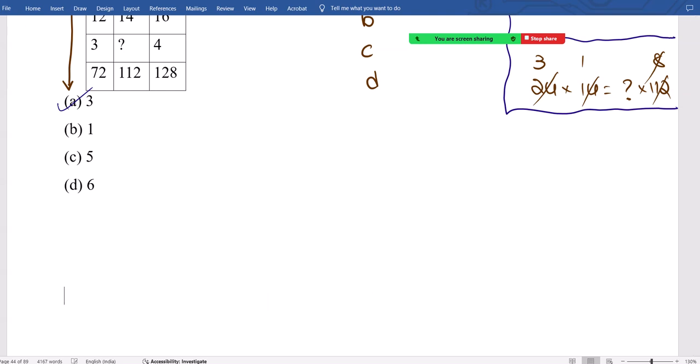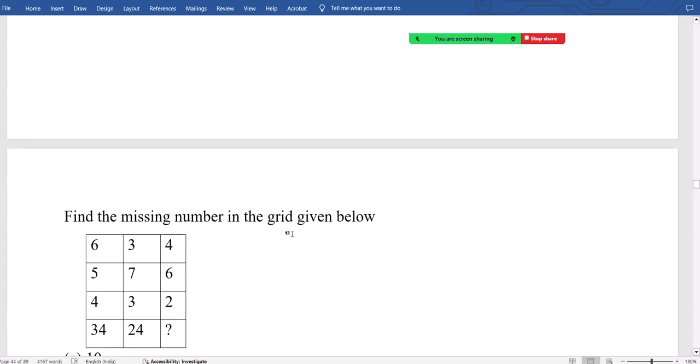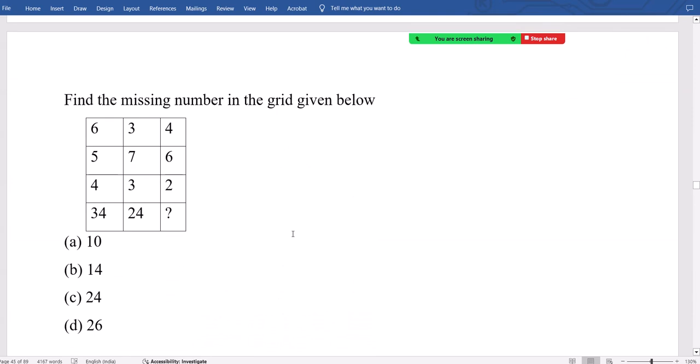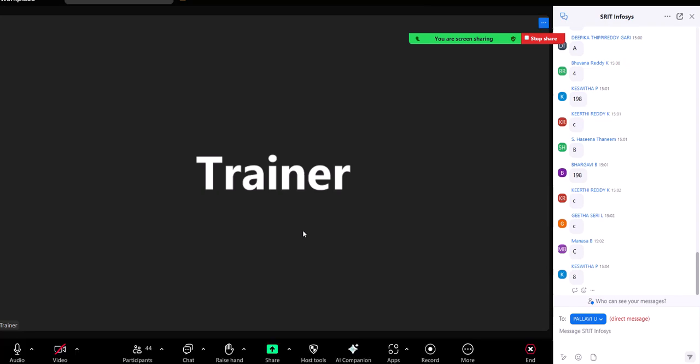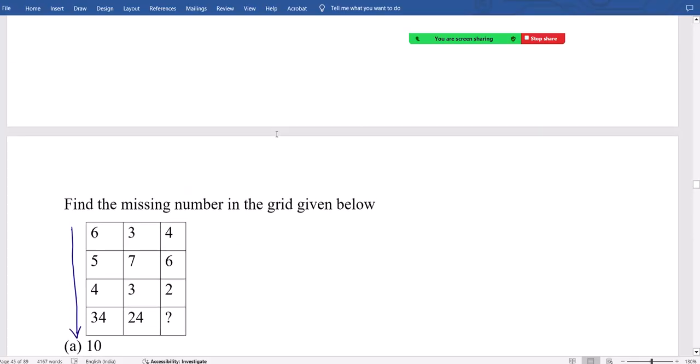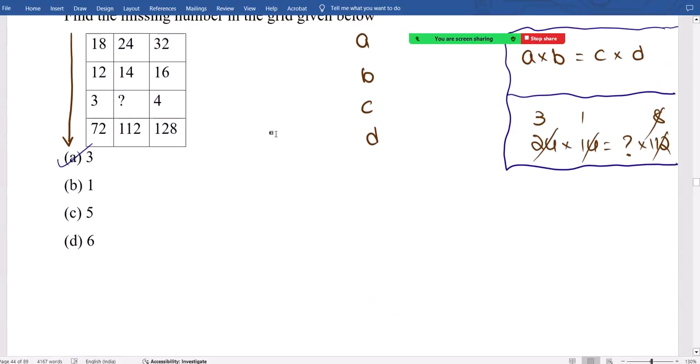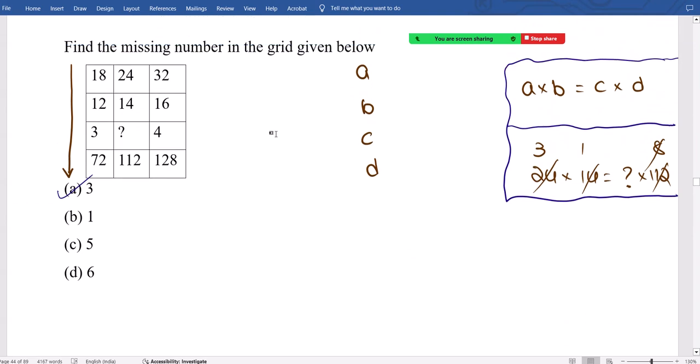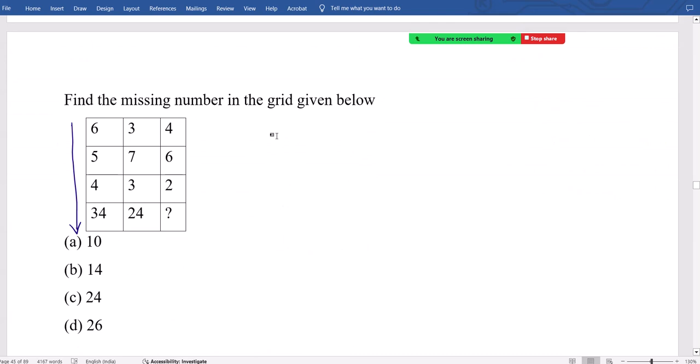Next one. Here also more values in vertical. What's your answer now? Previous question answer is 3. Now this question also has more values in vertical.